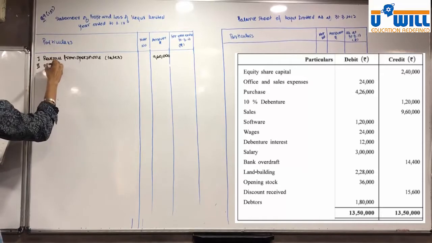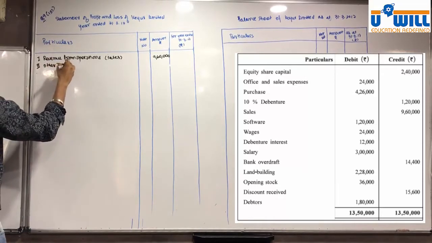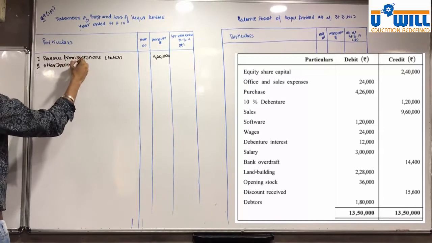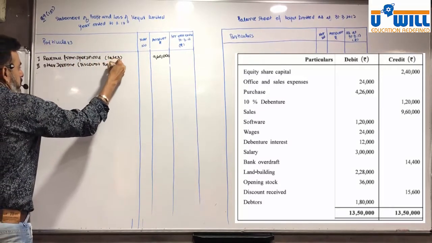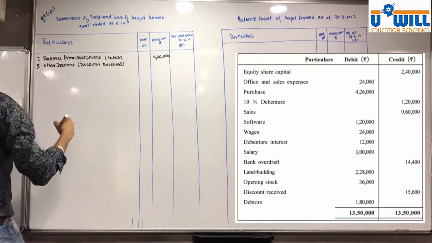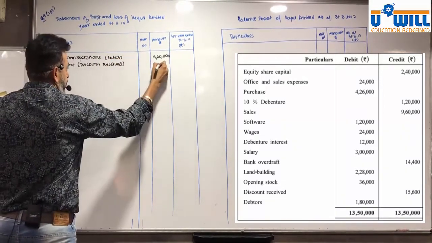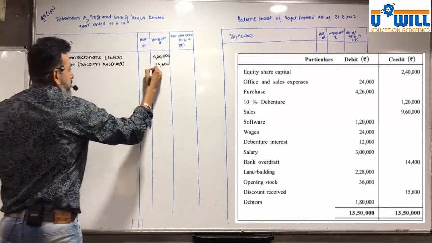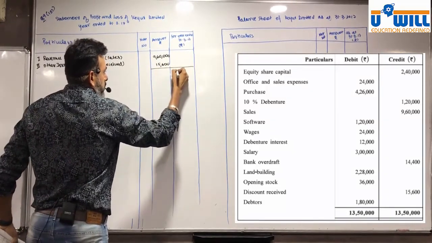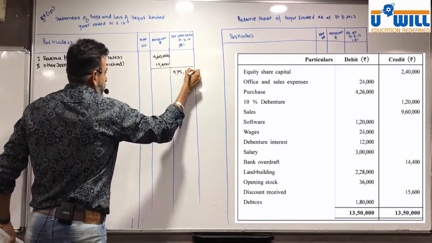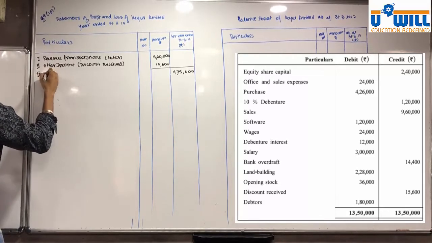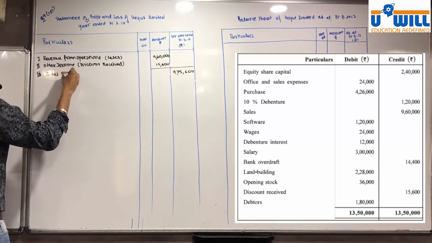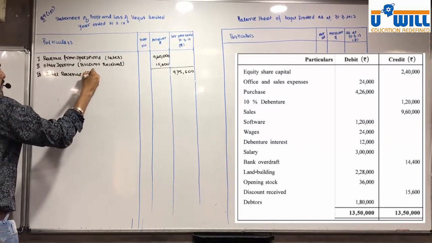Other income, discount received 15,600. Total 9,75,600. Third, total revenue, 1 plus 2.